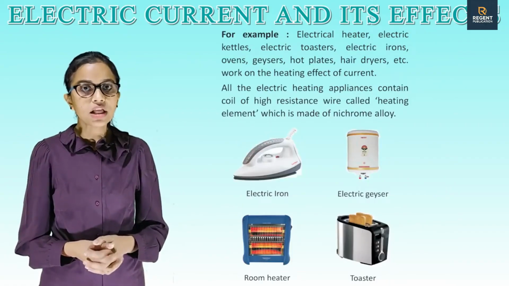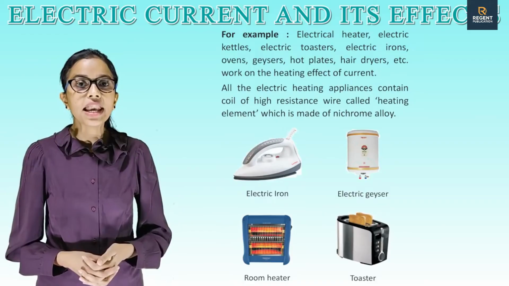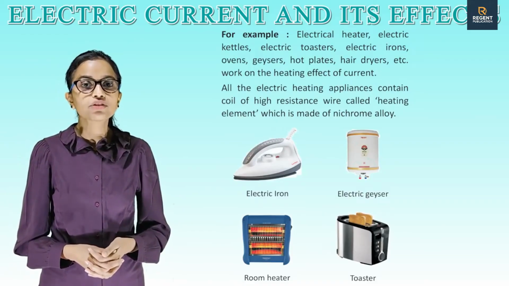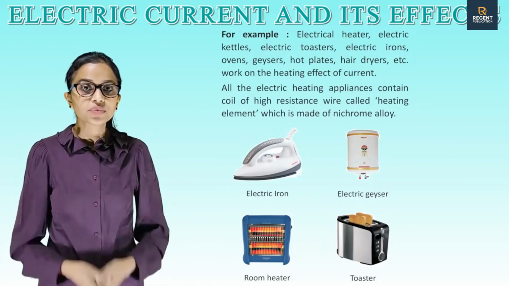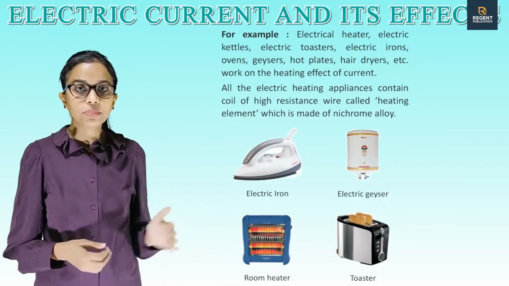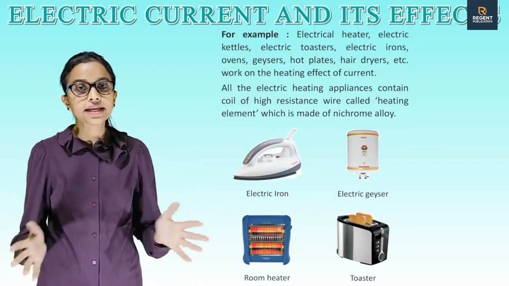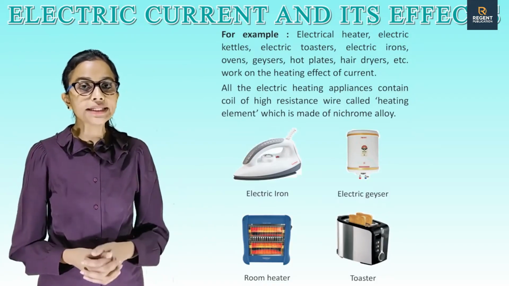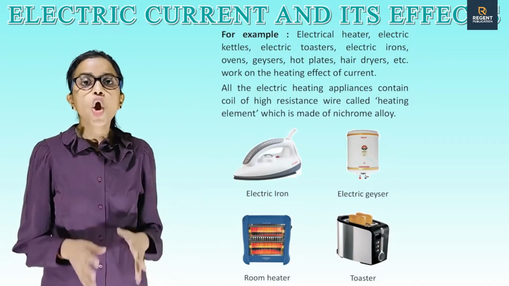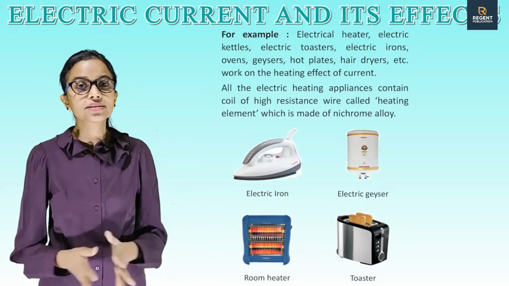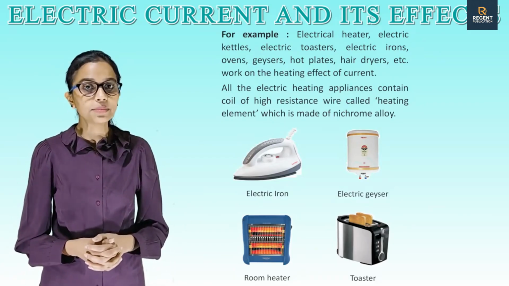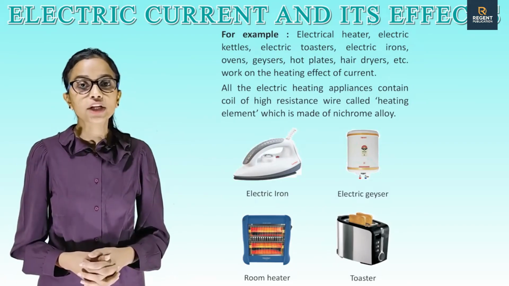For example, electric heaters, electric kettles, electric toasters, electric irons, ovens, geysers, hot plates, hair dryers, etc. work on the heating effect of current. All the electric heating appliances contain a coil of high resistance wire called the heating element, which is made of nichrome alloy.